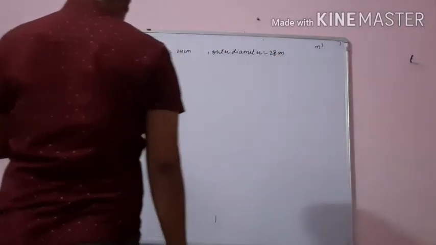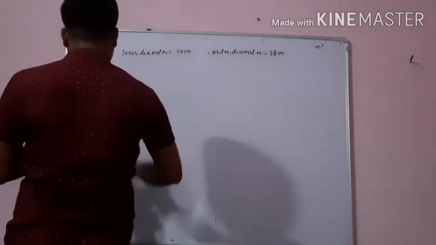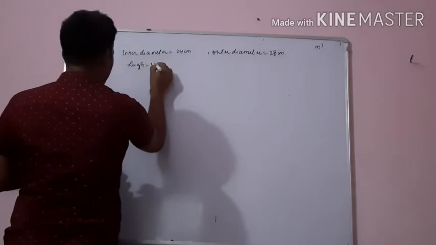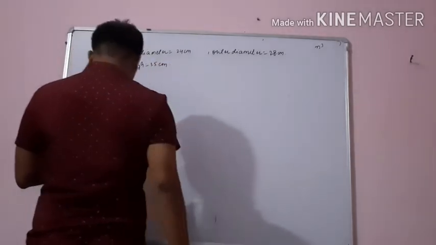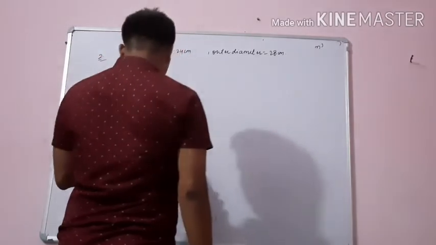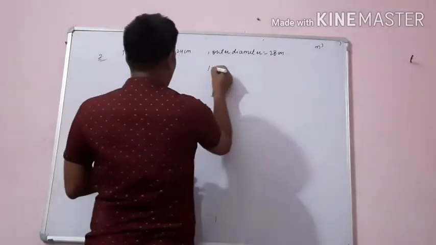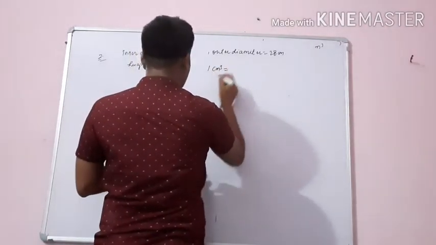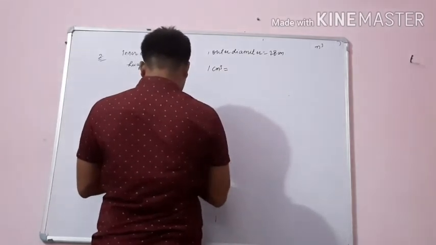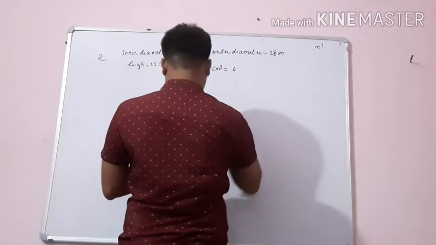Length of pipe is 35 centimeter, means height equals 35 centimeter. Find the mass of the pipe if 1 centimeter cube weighs 0.6 gram.